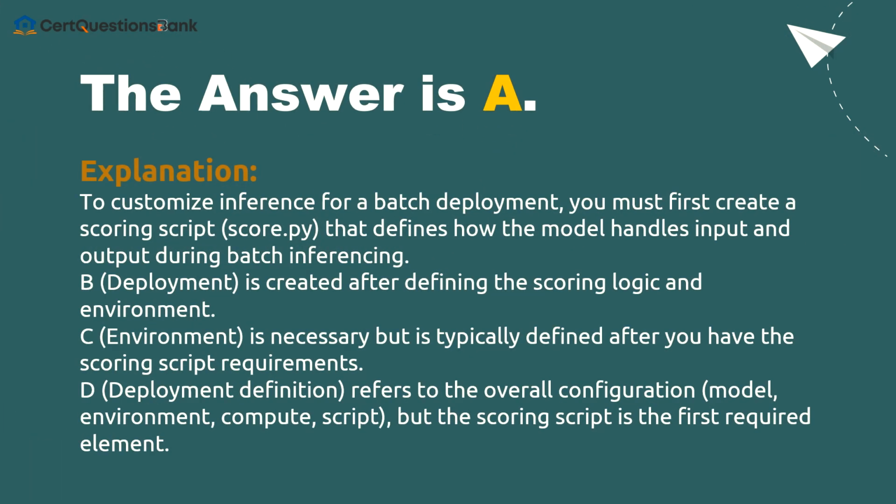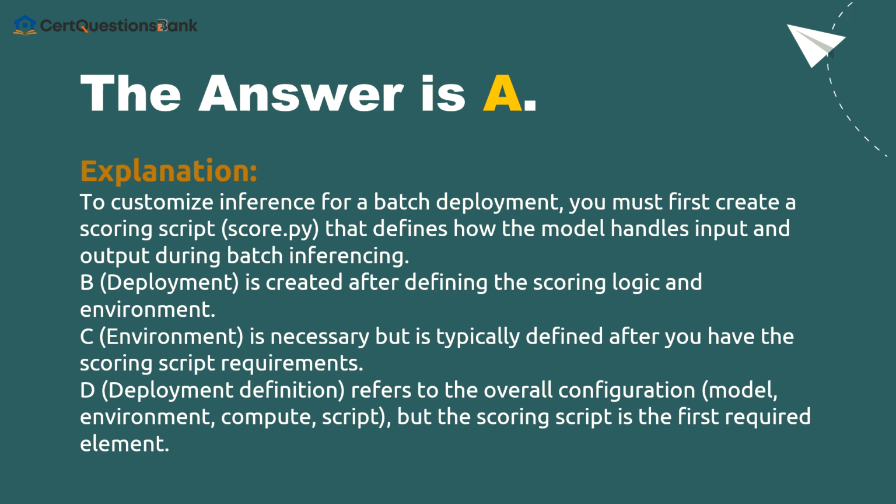The answer is A. To customize inference for a batch deployment, you must first create a scoring script, score.py, that defines how the model handles input and output during batch inferencing. B, deployment, is created after defining the scoring logic and environment.